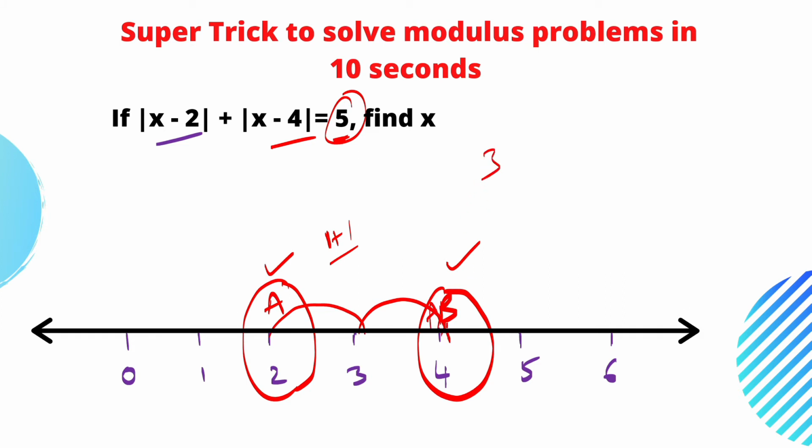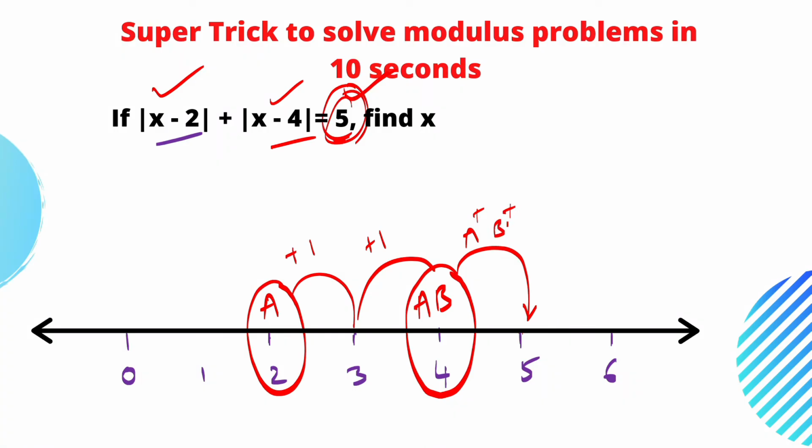If a and b step towards 5, now when a and b are moving together from 4 to 5, a is covering 1 unit, b is also covering 1 unit at the same time. Okay, so total units covered: a already covered 2 units, a and b both covered 2 more units, and 1 more unit to be covered to make it 5.